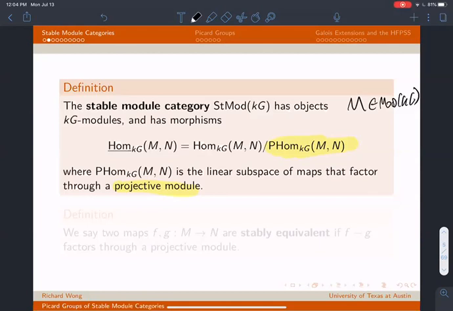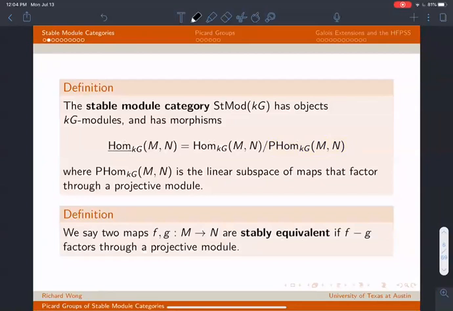And in the stable module category, you have the notion of stable equivalence. We say two maps are stably equivalent if their difference, f minus g, factors through a projective module. You can check that this turns out to be an equivalence relation.